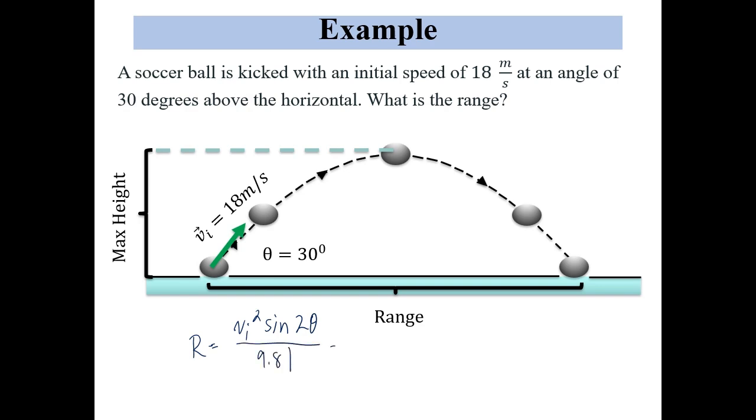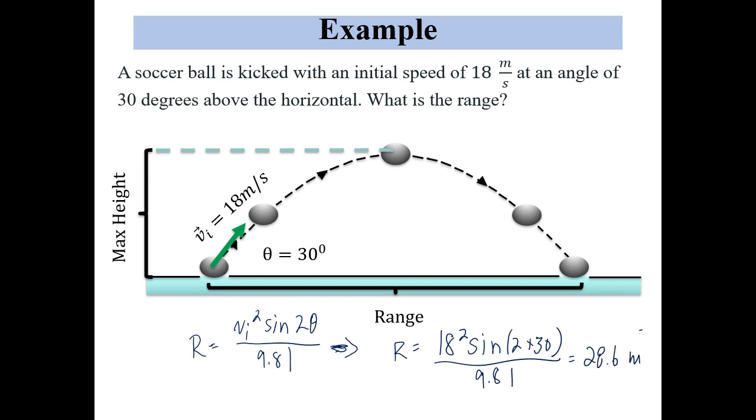It starts and lands at the same height, so we can use the range equation here. And you'll see the range equation is much simpler to use. So just plugging in the numbers, this is 18 squared times sine of 2 times 30 divided by 9.81. So the answer comes out to about 28.6 meters.